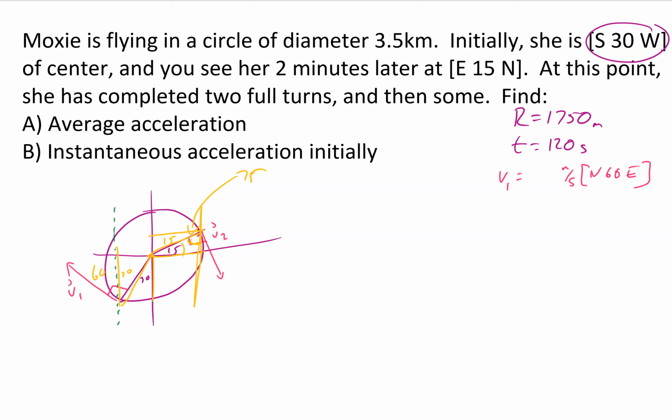So if that's 75 degrees, then this little piece in here is going to have to be 15 degrees as well, which means my velocity 2 vector is going to be south 15 east. I just realized that should be north 60 west.